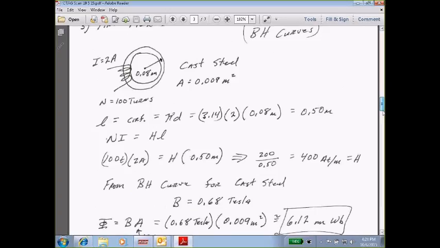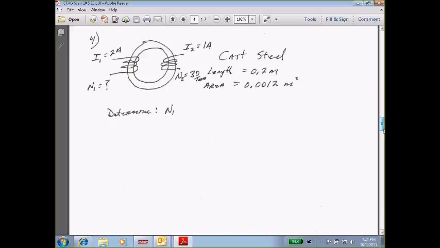Okay, now on our next slide, we've got another problem. This time we have a series circuit. We have two coils on a similar donut-shaped core. I1 is 2 amps, and N1 is what we're looking for.